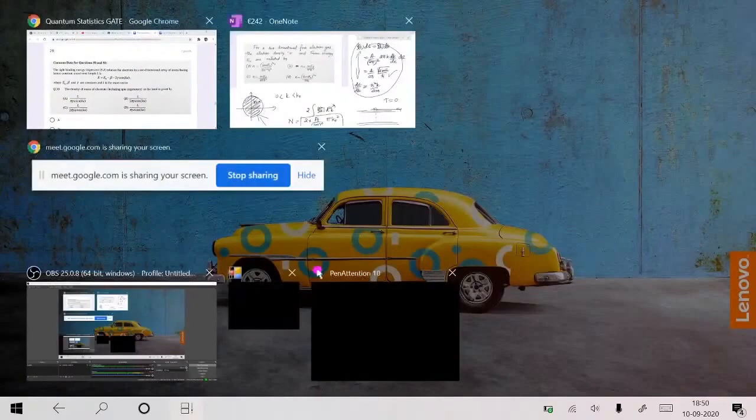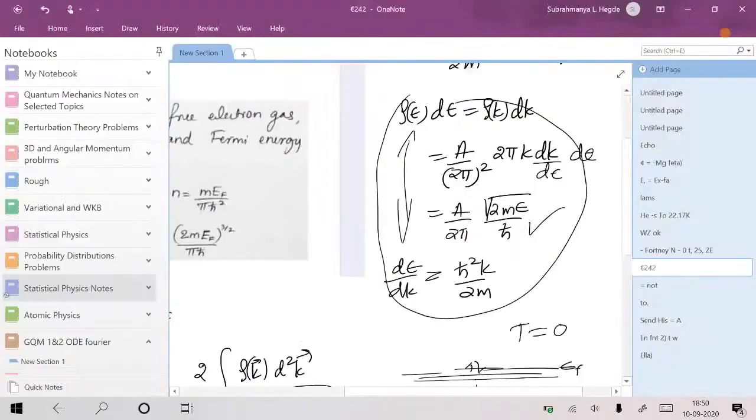Look at here. Now, in case of one dimension, rho k dk is equal to length by 2 pi into dk. Am I right? Even if you write vector, since it is one dimension, it will happen to be like this. Now this is equal to rho of E dE, or now he has written capital E. Are you getting my point?